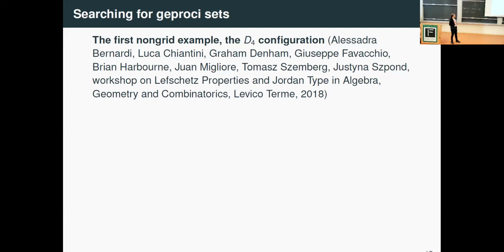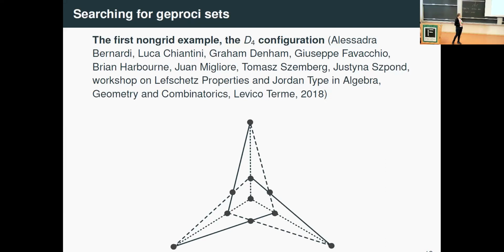So let us look at the first example. This is the D4 configuration, and it was studied by Alessandra Bernardi, Luca Chiantini, Graham Denham, Giuseppe Favacchio, Brian Harbourne, Juan Migliore, Thomas Schenck, and Justyna Szpond during the previous Lefschetz workshop in Montecatini Terme. So this configuration looks like this. Let's think of a cube, so 8 vertices.